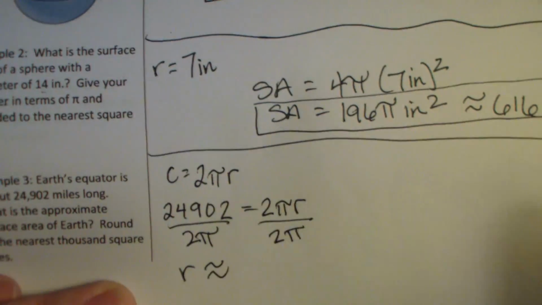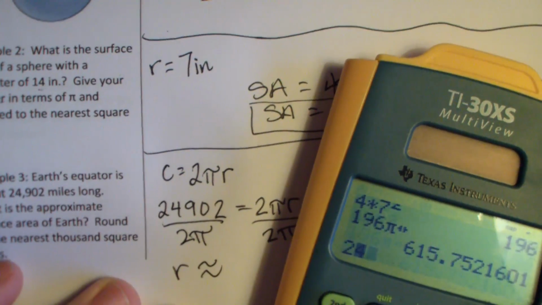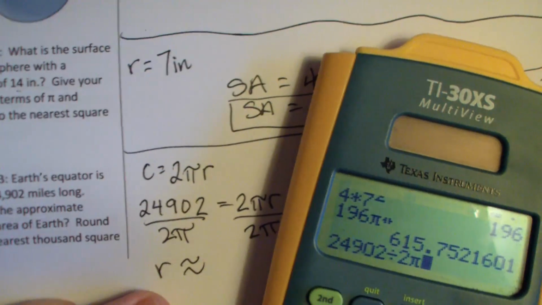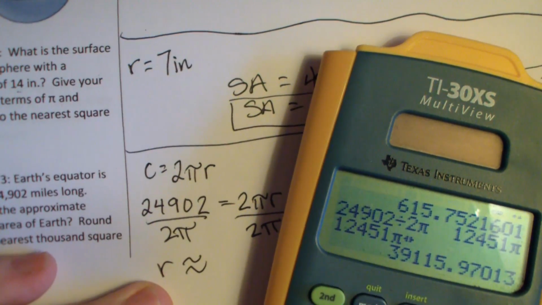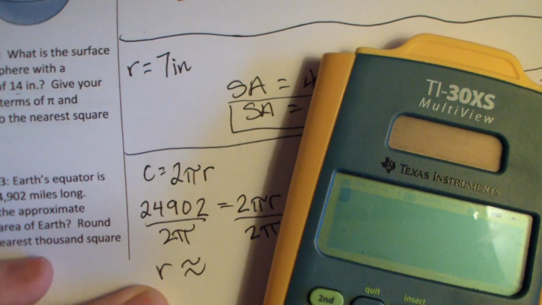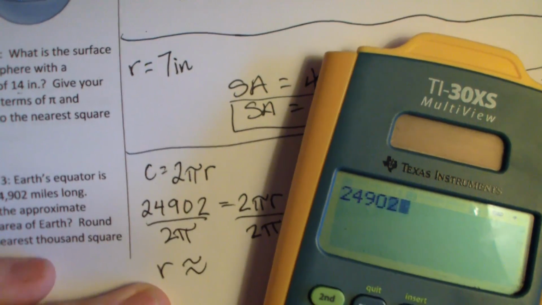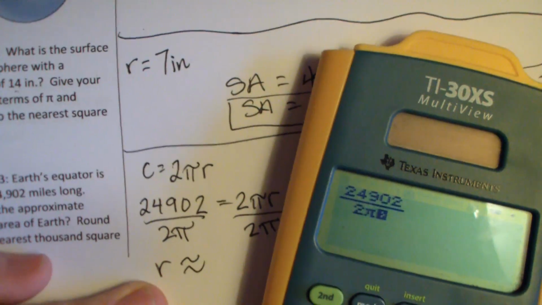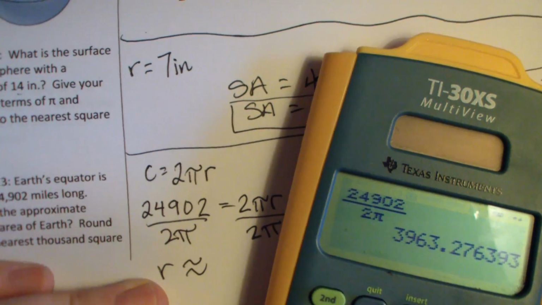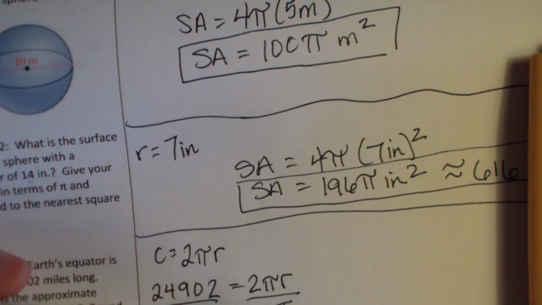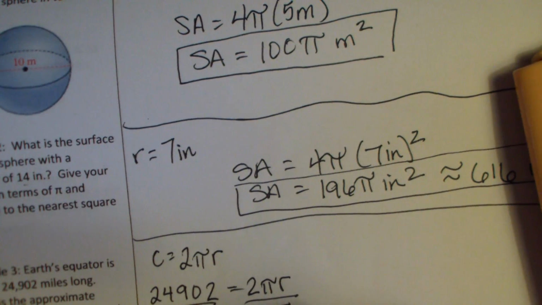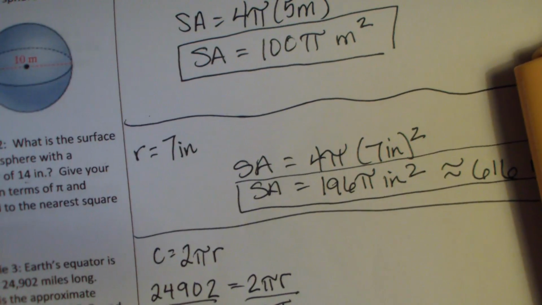So r is approximately 24,902 over 2 pi, which is 3,963.3. So 3,963.3 miles is our approximate radius.